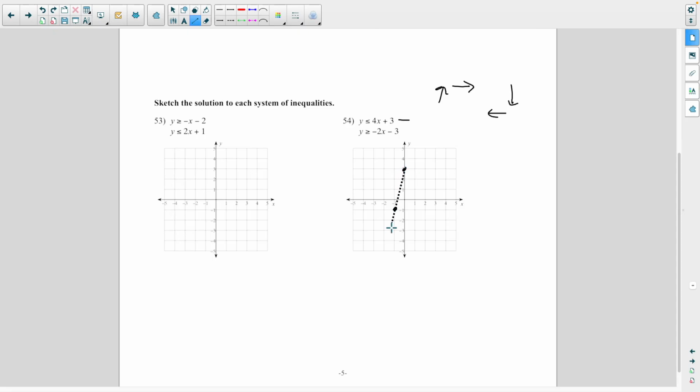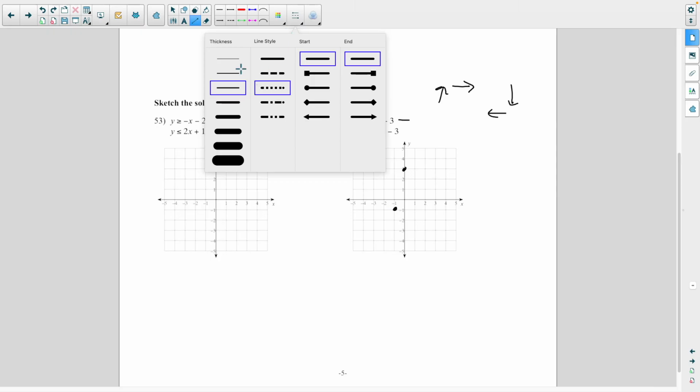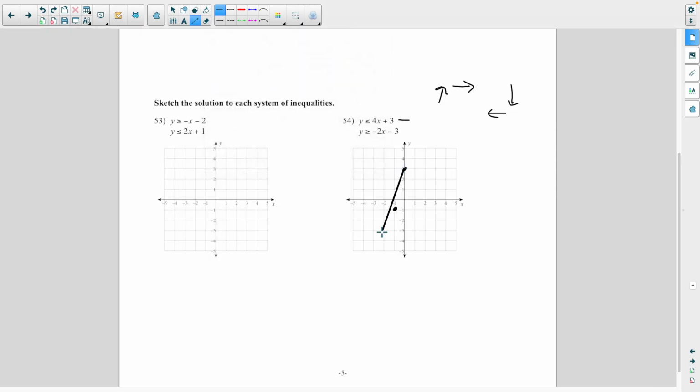This is a solid line. And it is less than. So we will color everything over here.